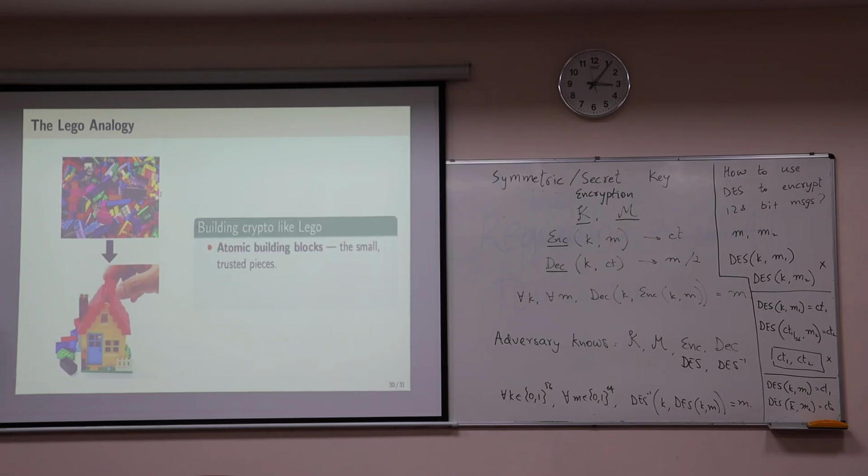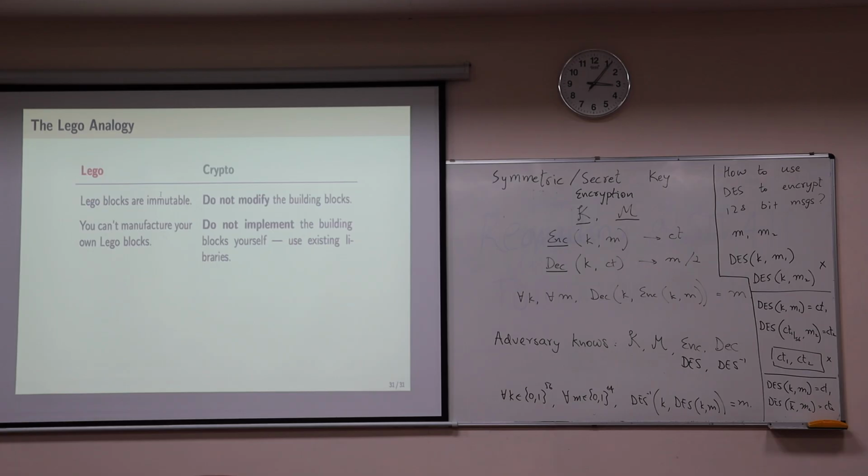You have these atomic building blocks, and there are only limited ways in which you can combine them. Just like Lego blocks are immutable, you're not allowed to modify the building blocks of your crypto primitives. Secondly, you can't manufacture your own Lego blocks. Similarly, I don't want you to implement code for the building blocks. Use the existing libraries.